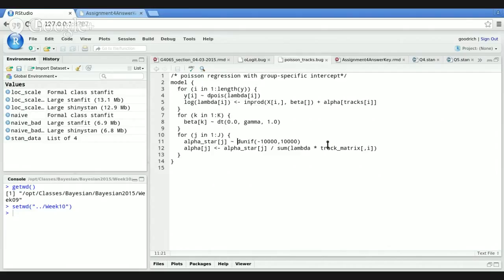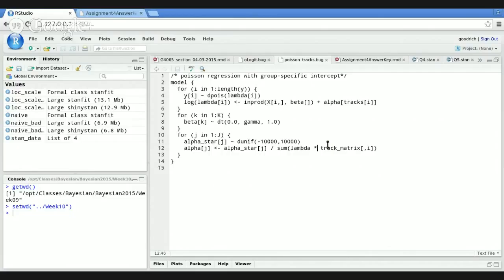In this case, JAGS doesn't let you put a completely uniform prior over the whole real line because it has to have proper priors, but it's basically the same thing to just do uniform over a huge range. And then do the transformation from alpha star to alpha, which if you remember from the notes, involved dividing by the sum of the linear predictors for all the races that have happened on that particular track.